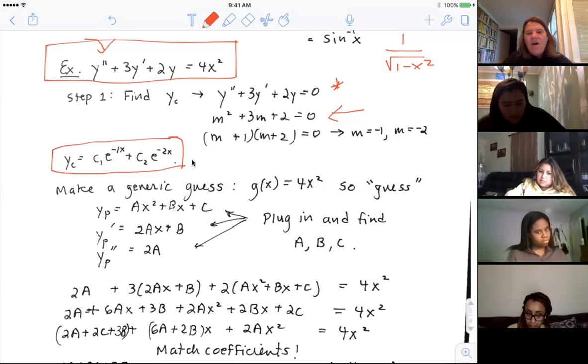So because it's a 4x squared, I might say, well, I could get a quadratic in here and have a term of something times x squared. The derivative might have a term of 1 less power. The second derivative would go down again. So you'll get used to this as I start to look at it.